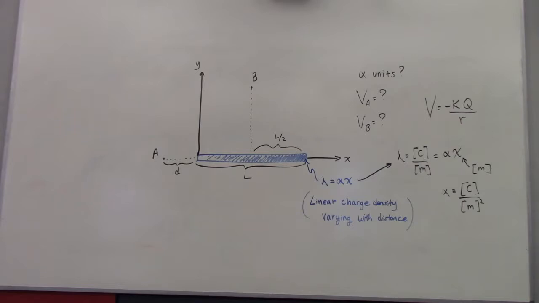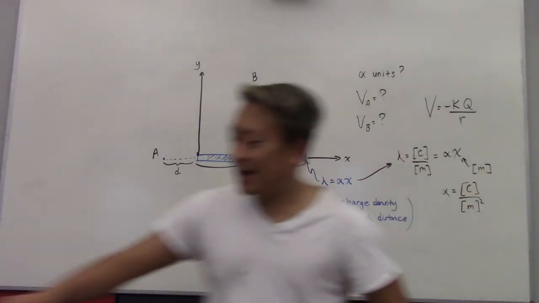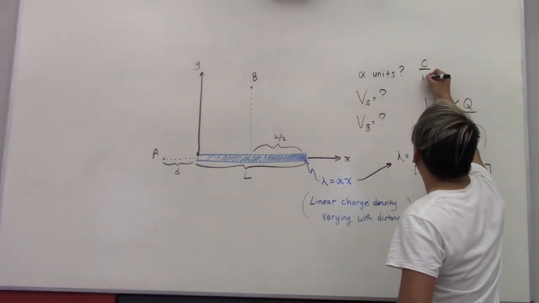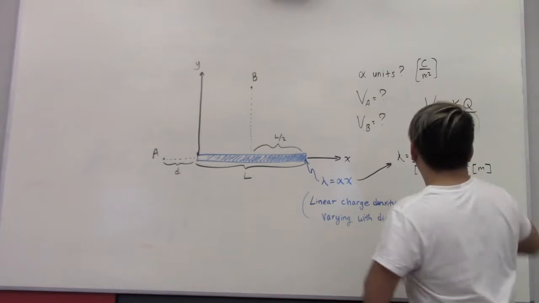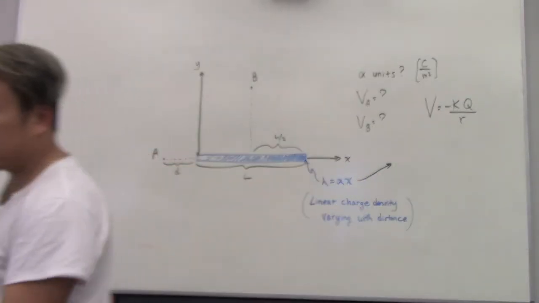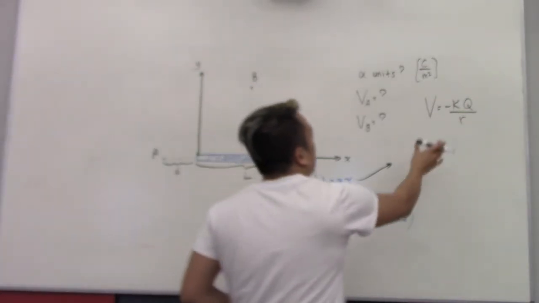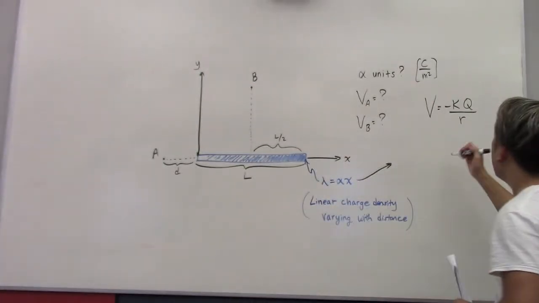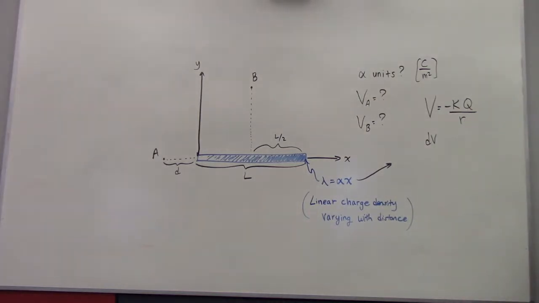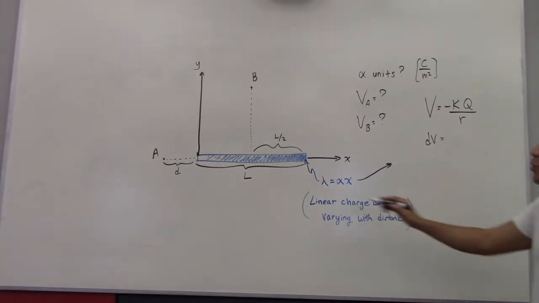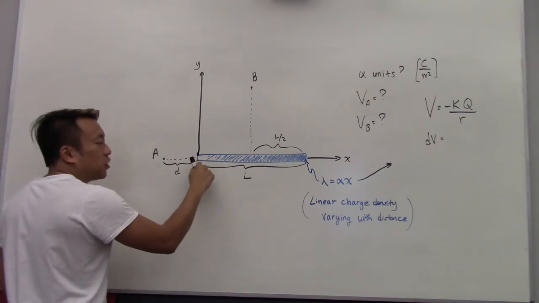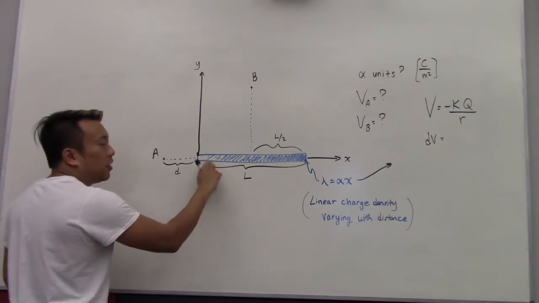Okay, now, how do we find the voltage at A? Let's write this down. We're going to start with the structure, and a piece of it is going to be dV, a piece of the voltage contributing right here. If you look at the situation, there's almost no charge here, but there's some charge a little bit over.